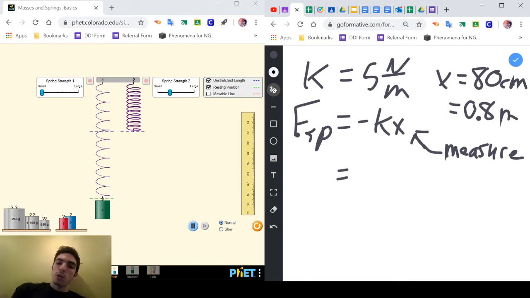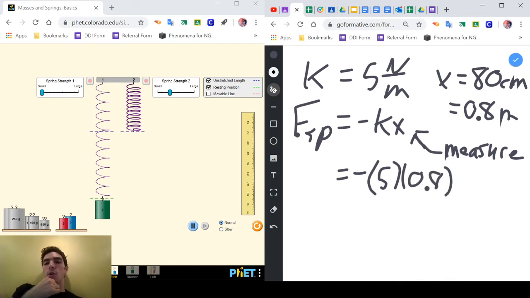And so now what you can do is plug in the stuff that we know here, negative 5, so that 5 was our K value, times 0.8 as our X value for that displacement, and that should give us, I believe, 4 newtons. That's the spring force.